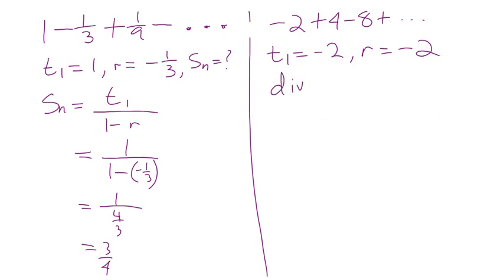Divergent. Since what are we going to say? Since R is less than -1. Okay, it's divergent.